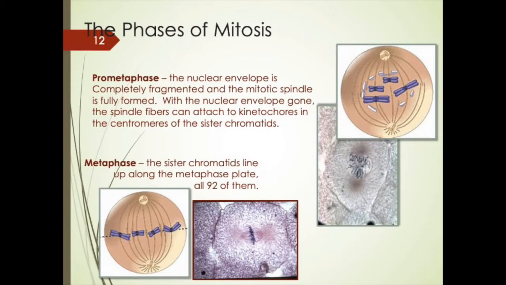So they can attach to those centromeres. Next, we have metaphase. Metaphase is where the sister chromatids line up in the center. Remember why they need to line up in the center.